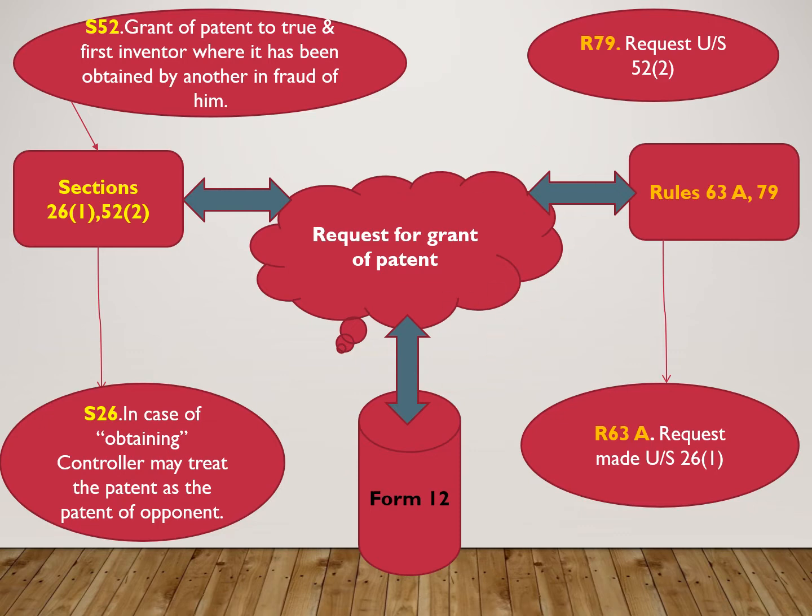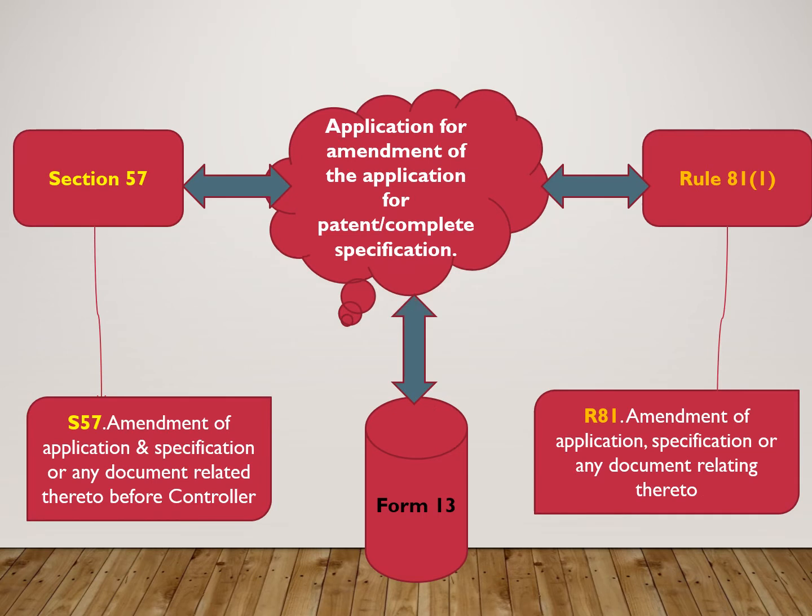So next we can go to form number 13. Form number 13 has the title Application for Amendment of the Application for Patent or Complete Specification. That means we need to apply for the amendment of the application or the complete specification. This is the title, and the related section is 57 and the related rule is Rule 81, Sub-Rule 1.